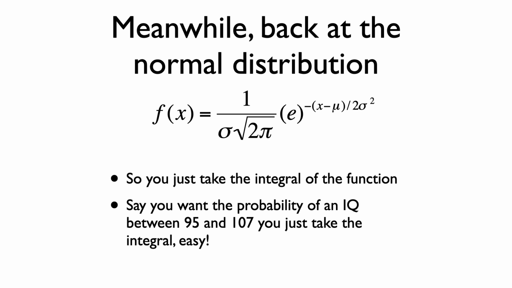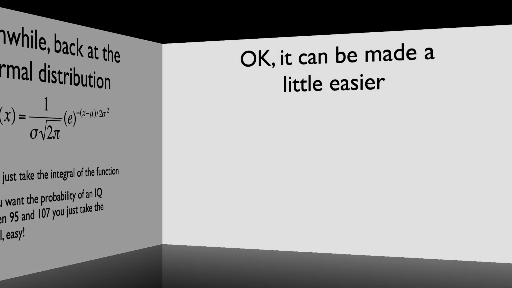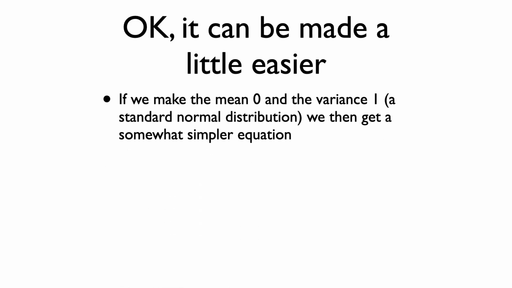So you'll see a lot of terms in there, like variance and mean, standard deviation. It'd be nice if we could get rid of them and make it a little bit easier. Well, actually, that's what we end up doing. So if we made the mean 0 and the standard deviation 1, all the things that have mu are going to come to 0, and all the things that have sigma or sigma squared are going to be 1.